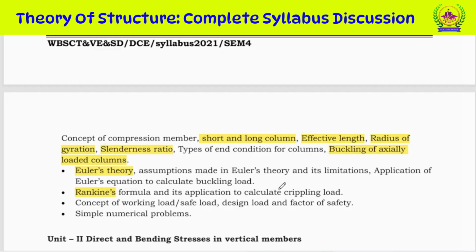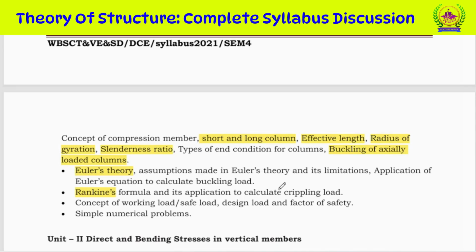This is a very important topic. What is Rankine's formula, and some numerical problems based on Euler's theory and Rankine's formula. Easy chapter. This is the easiest chapter among the 5 chapters.